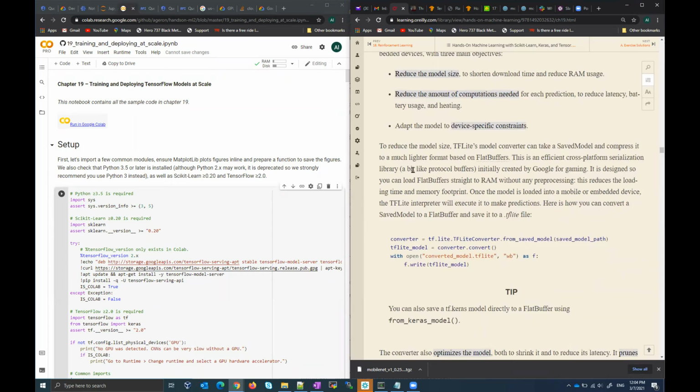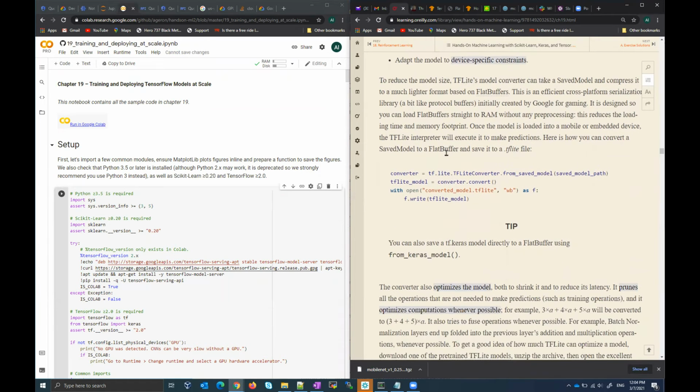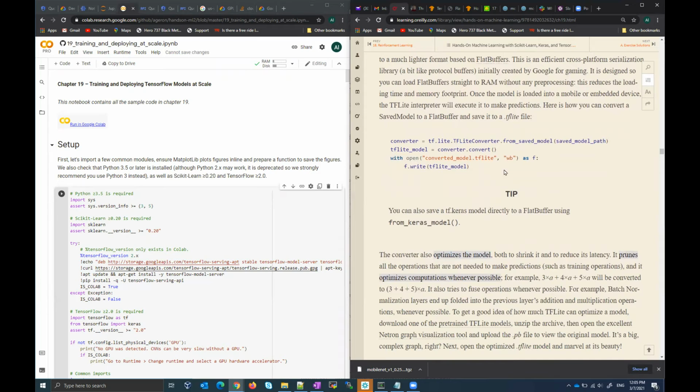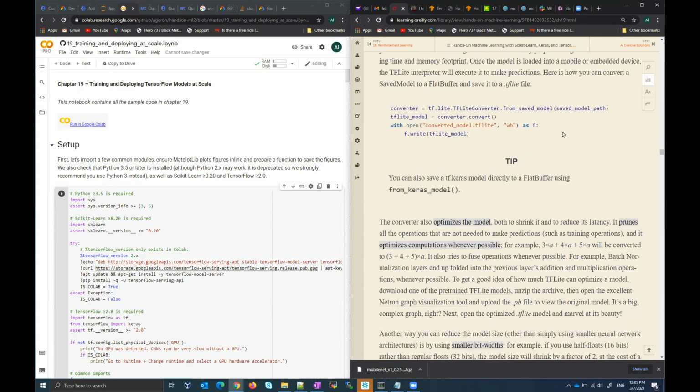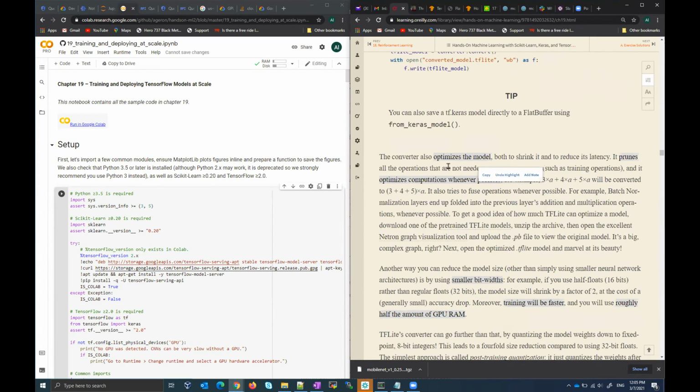And yeah, there's a video code here on how to use these libraries. And you create a new model file with a different format that should be smaller and simpler. And it optimizes the model in the way that it simplifies it.